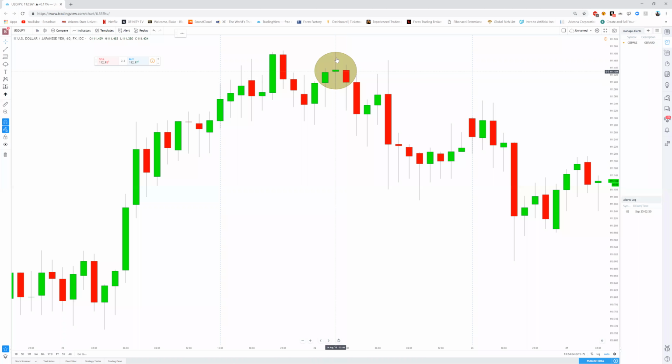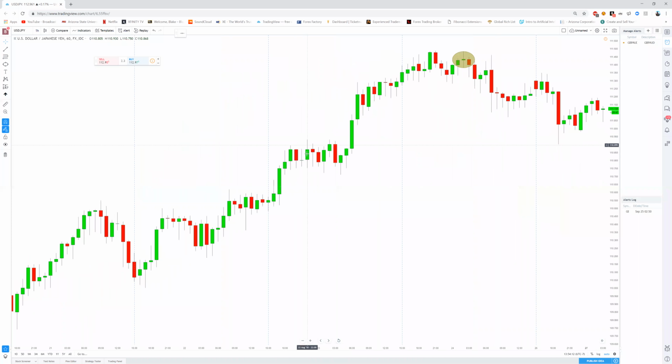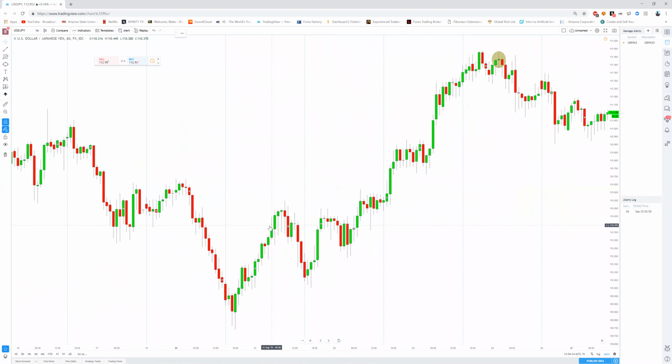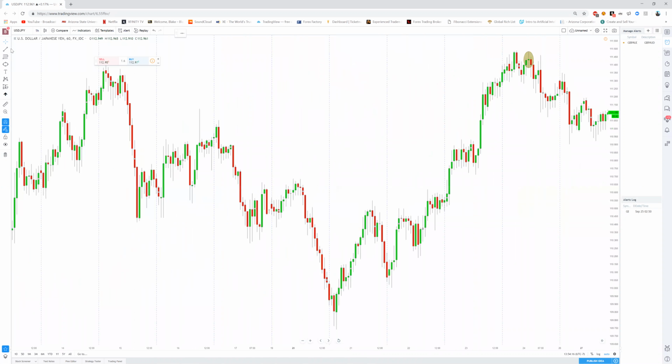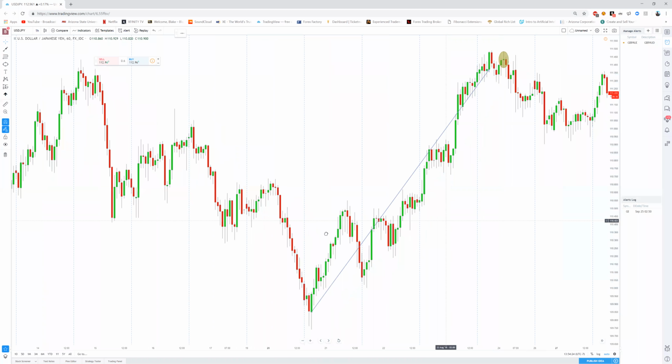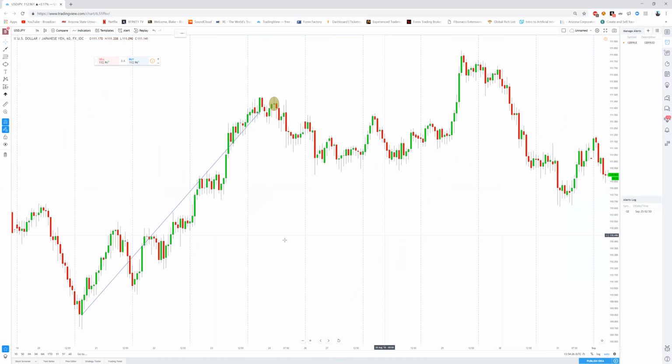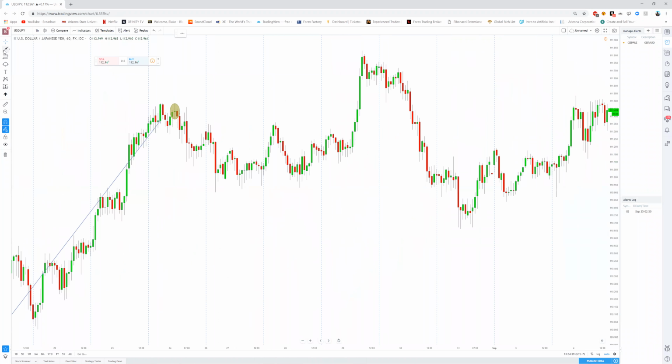So we can see that the wicks on this candle are very similar in size, and the body is extremely small. The price was going up before this, as we can see. And then once it got to this point, what happened? Once it got to the doji, it started to go down, at least a little bit.